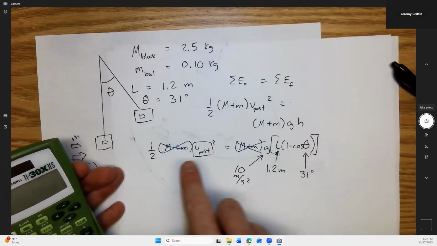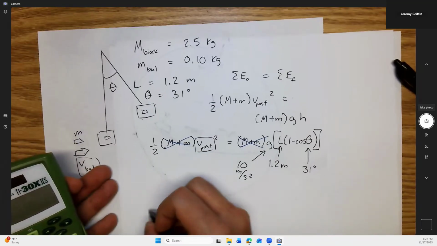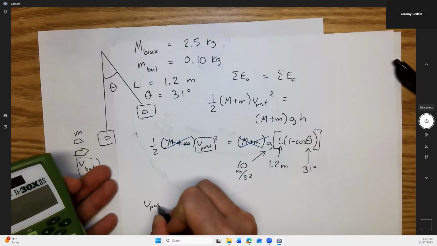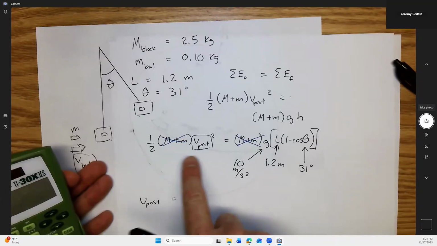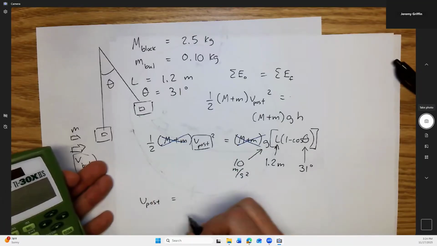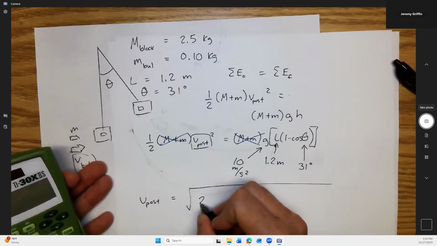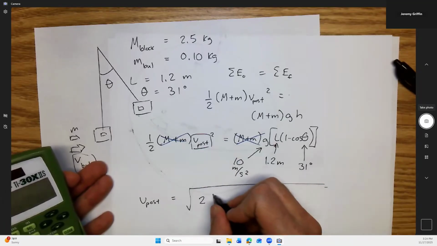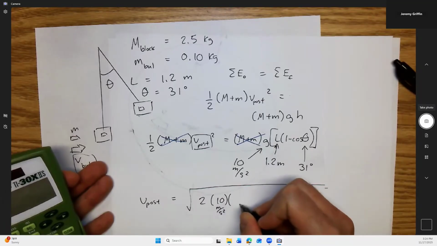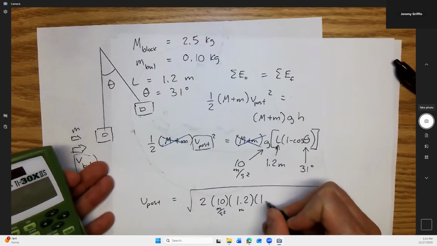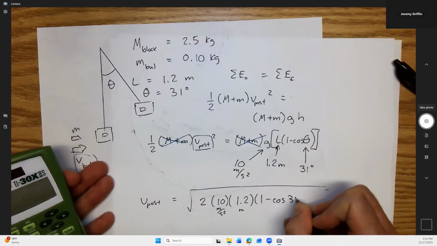So this is 1/2 V post squared, so you multiply by 2 and then take the square root. All the masses cancel. I have 10 meters per second squared for gravity, a length of 1.2 meters, and 1 minus cosine of 31 degrees.